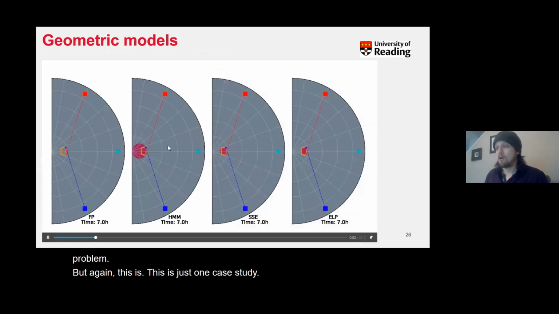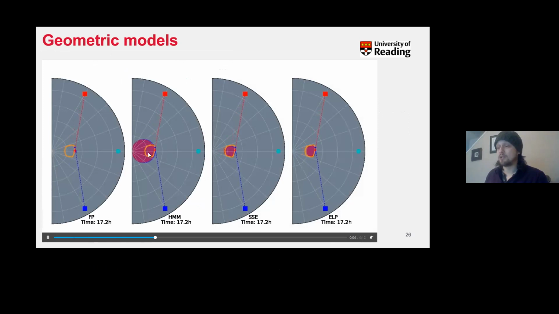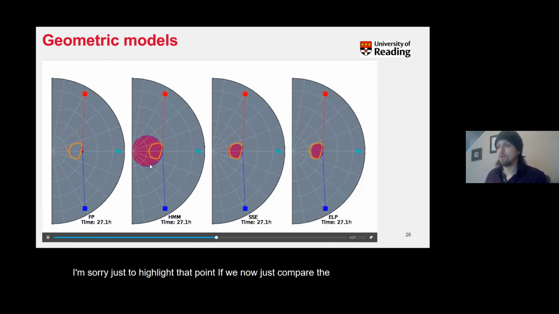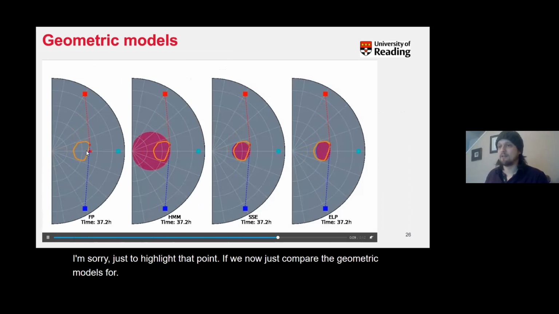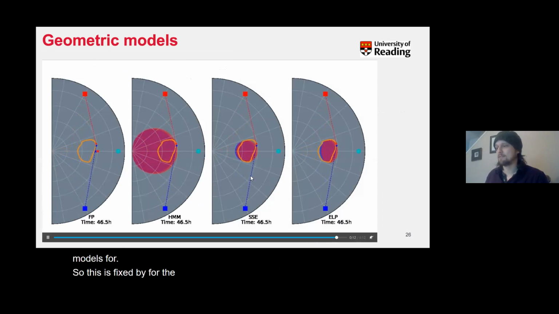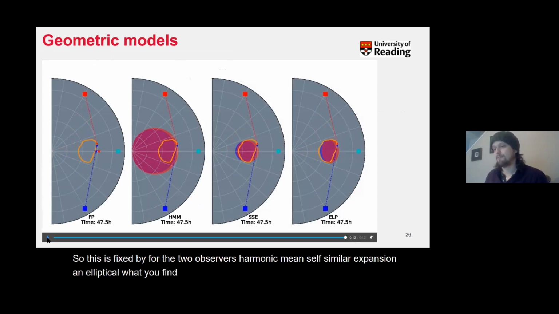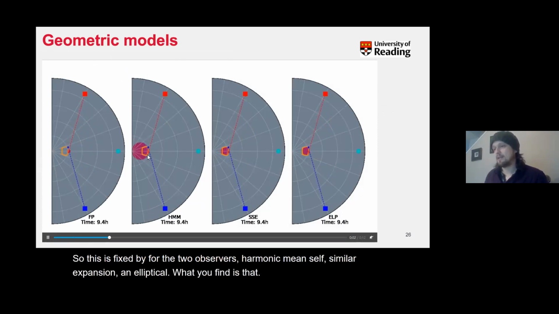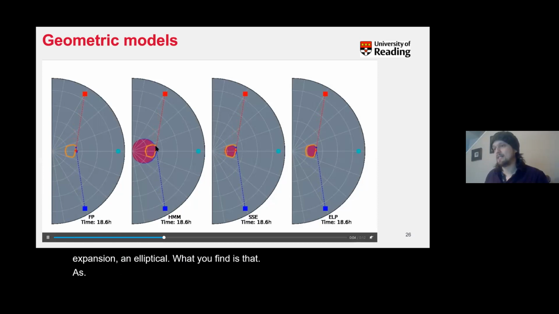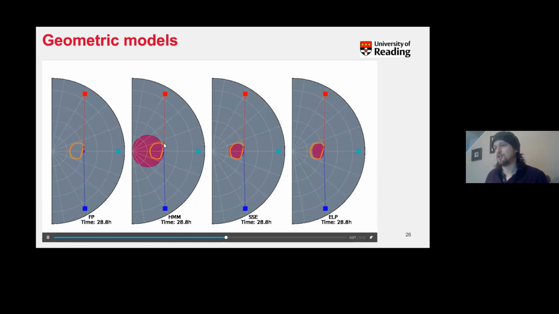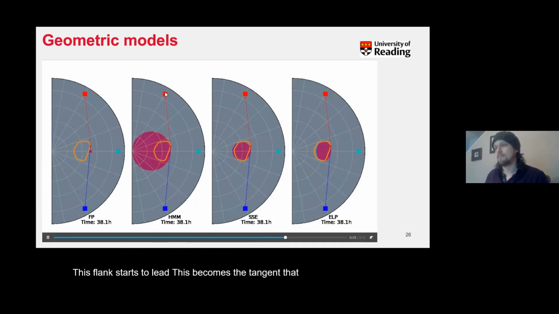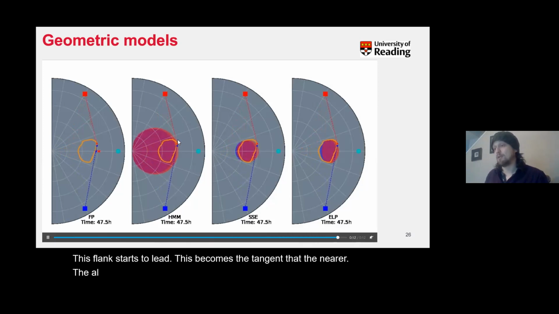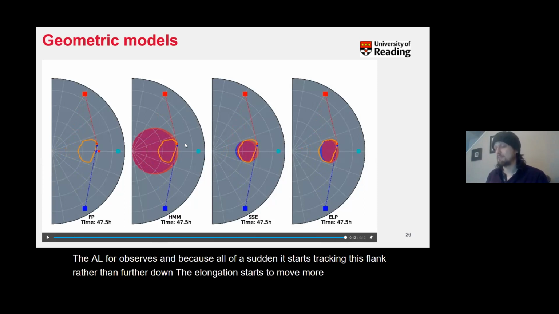Just to highlight that point, if we now compare the geometric models for the two observers, this is fixed phi, harmonic mean, self-similar expansion, and elliptical, what you find is that as this flank starts to lead, this becomes the tangent that the nearer L4 observer sees, and because all of a sudden it starts tracking this flank rather than further down, the elongation starts to move more quickly, which is what gives you that speed enhancement.